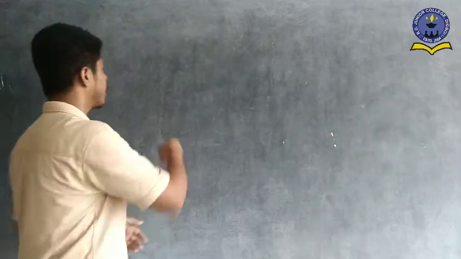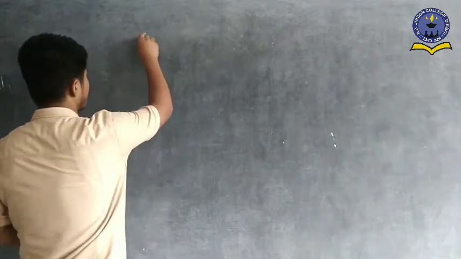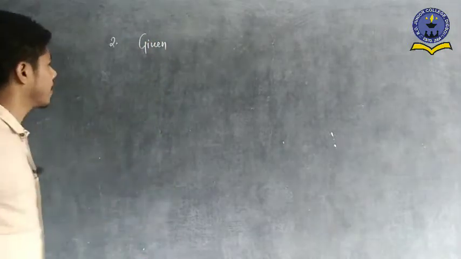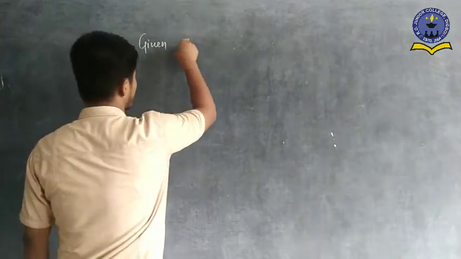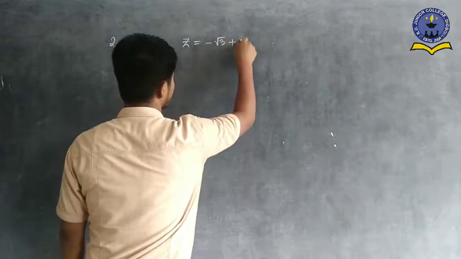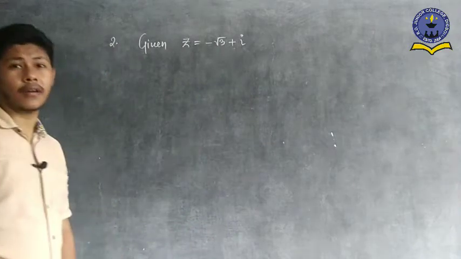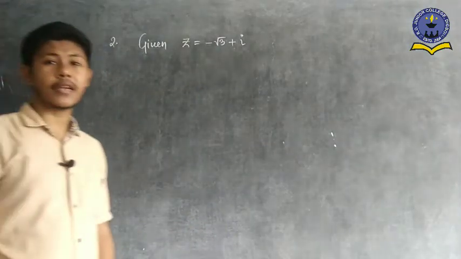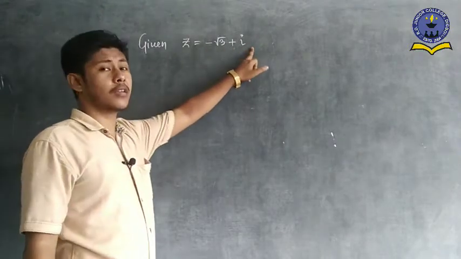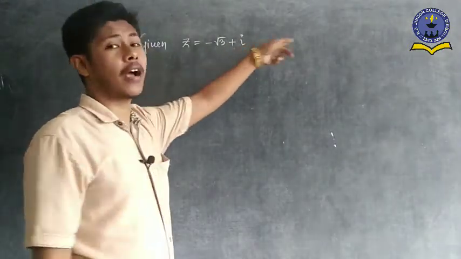First of all, what do you have to write? Given, this one is question number 2. Given z equals minus root 3 plus i. Isn't it? So now this one is the real part, this one is the imaginary part. i means i into 1.